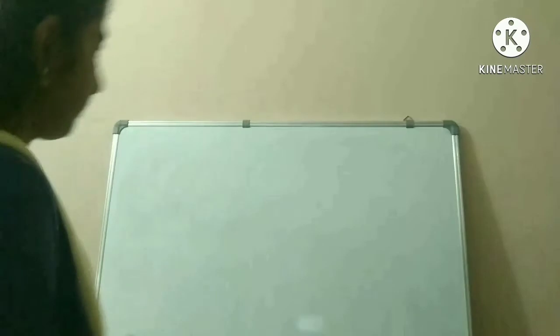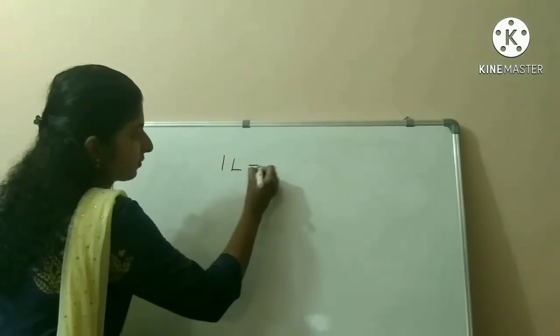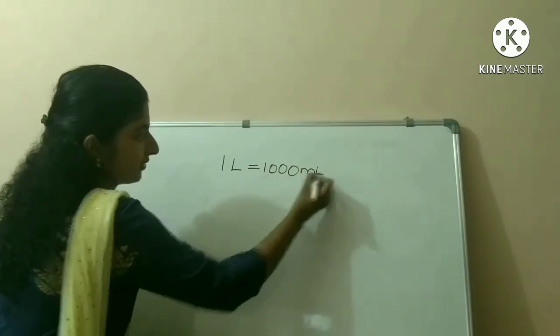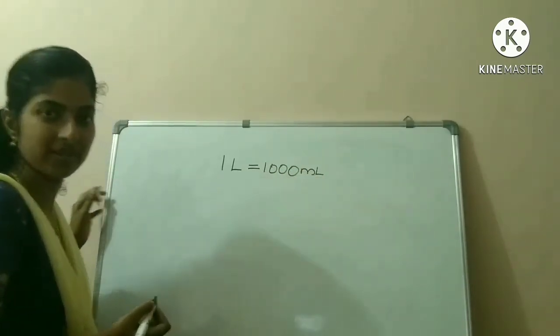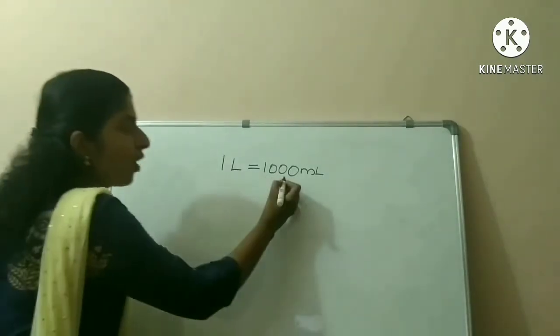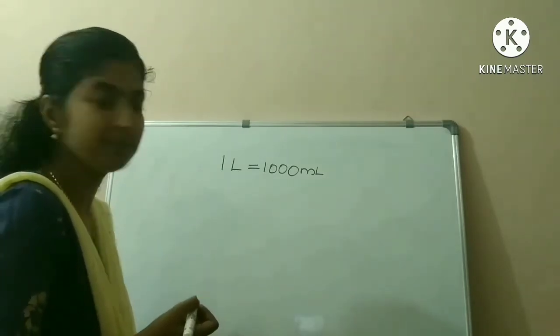1 liter is 1000 milliliter. Then half of 1000 is, yes, 500 milliliter.